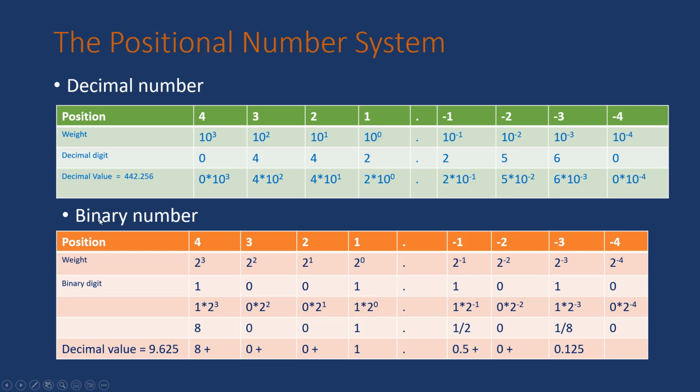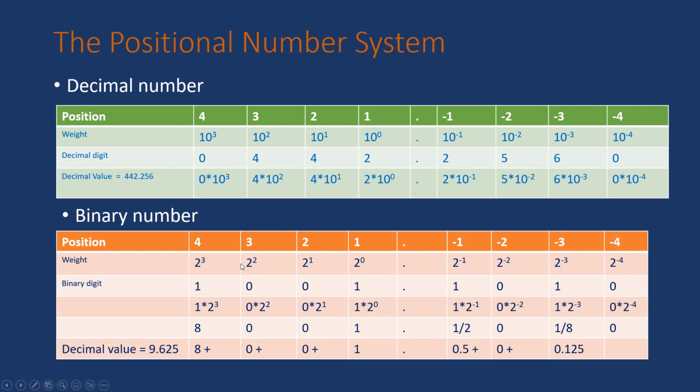Same thing. In the binary, we also can compare with the decimal. The only difference is the weight. In decimal, the weight is tens power. The binary number is just 2's power. You see here, this is the decimal point. The first position, second, third, fourth, and then the weight is going to be 2's power 0, 2's power 1, 2's power 2, 2's power 3.